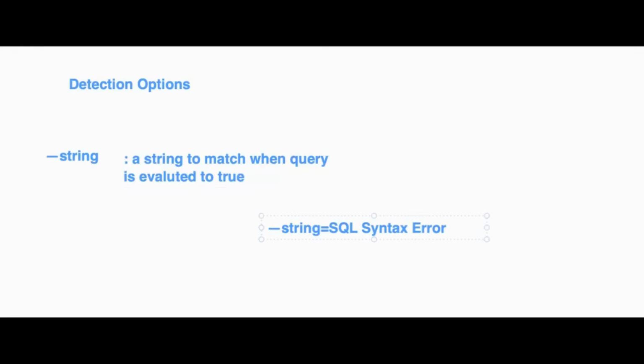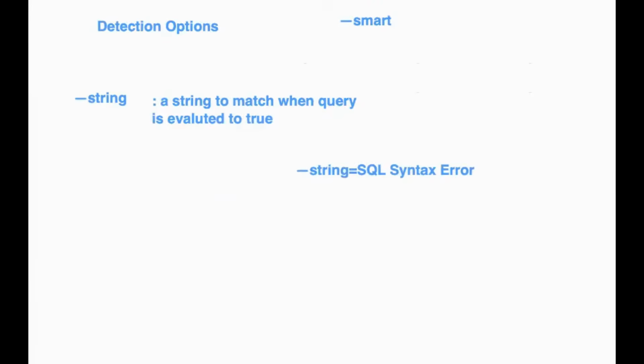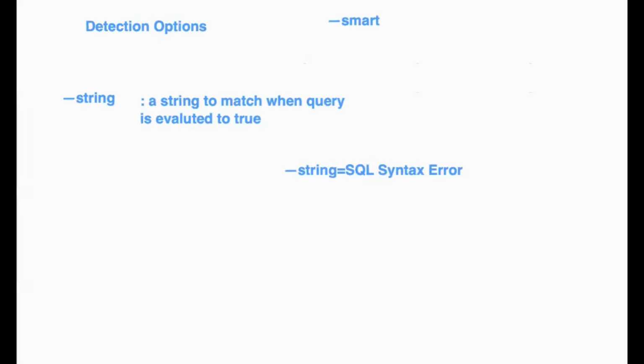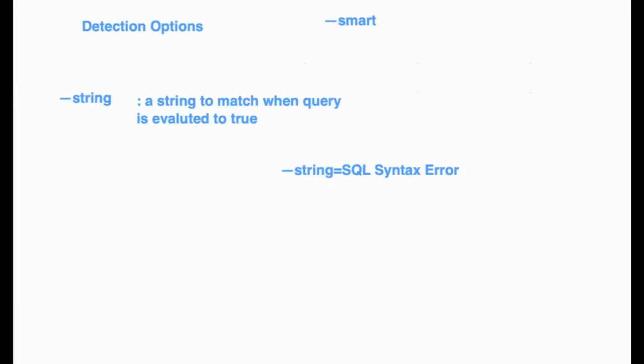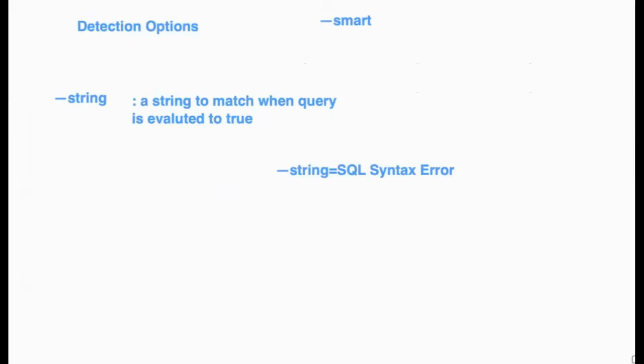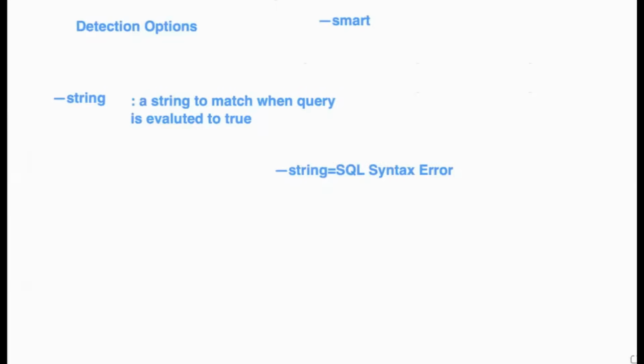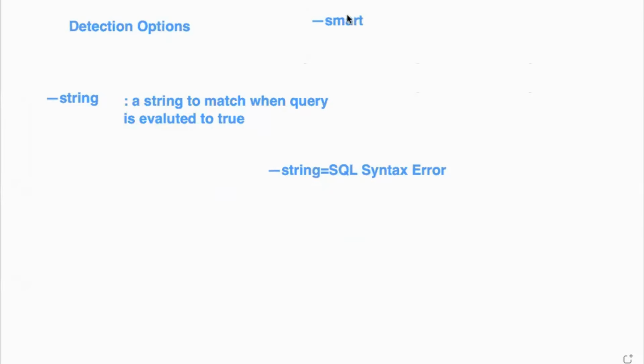Now, one more option we have is --smart. You can use this option directly. There is no need to provide any value with it. And what this means is that in smart mode, SQLMap will automatically create some options or use some queries and perform tests if SQLMap finds some positive results.